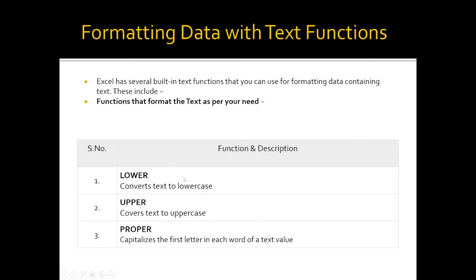So formatting data with text functions. Excel has several built-in text functions that you can use for formatting data containing text. These include LOWER, UPPER, and PROPER. LOWER converts text to lowercase, and UPPER converts text to uppercase, and PROPER capitalizes the first letter in each word of a text value.